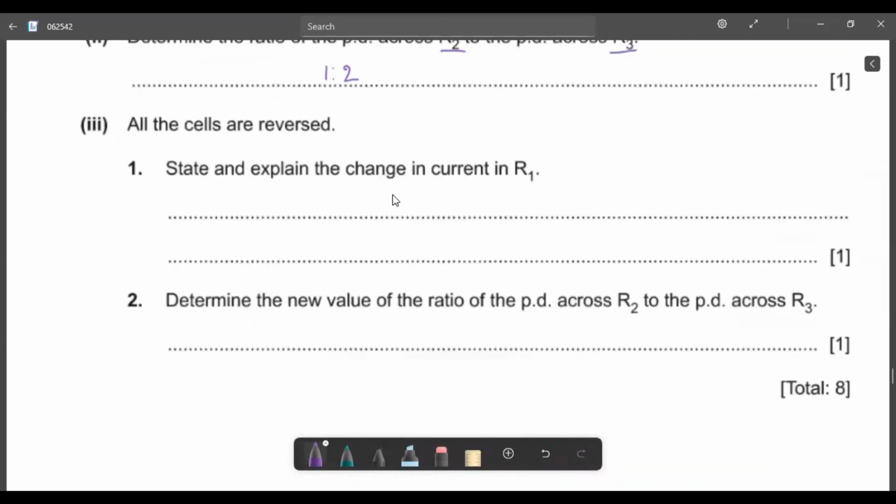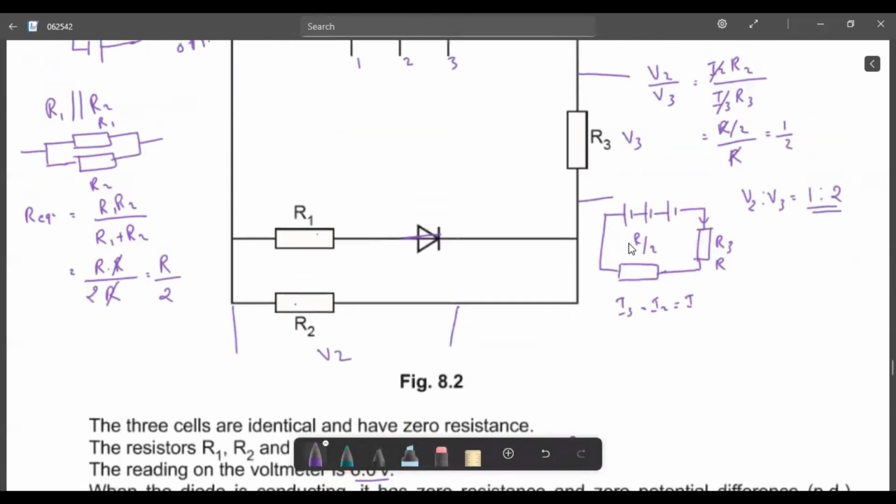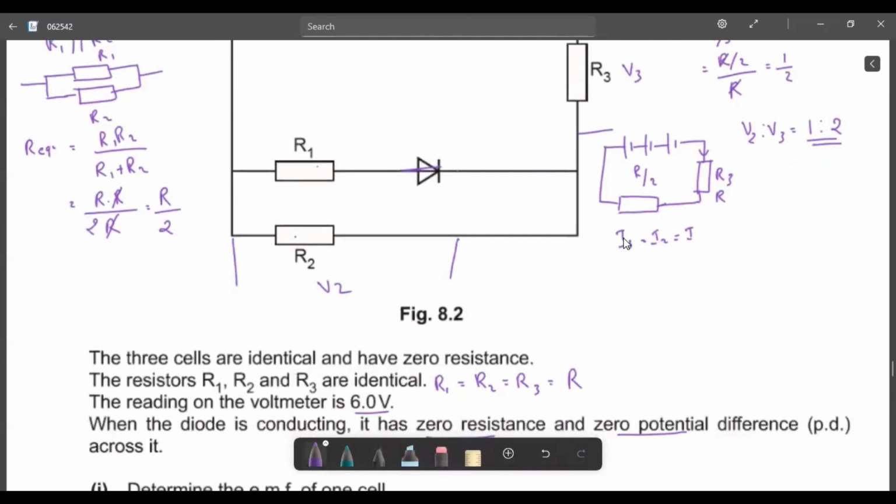State and explain the change in current in R1 if all the cells are reversed. So now the condition is we are reversing all the cells. That means here negative, positive, negative, positive, negative, positive. R3 is there. Here R1 is there.